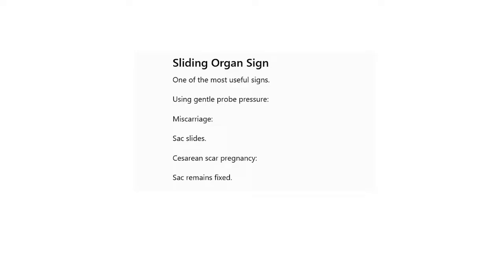So when there is an ectopic cesarean scar pregnancy, the sac is fixed, it doesn't slide. But when you have got a normal pregnancy or a miscarriage, then the sac should be sliding.